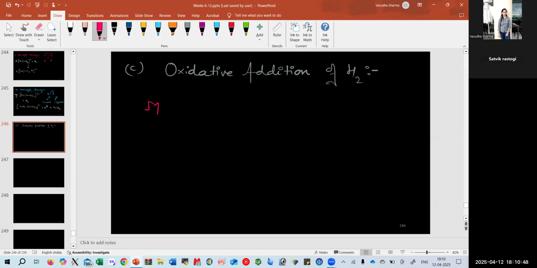If you have M in N plus oxidation state, having ligands around, when you add H and H, they bind with your system, and the oxidation state of the metal is now N plus 2, because one electron has been given to each hydrogen. So this is called oxidative addition.